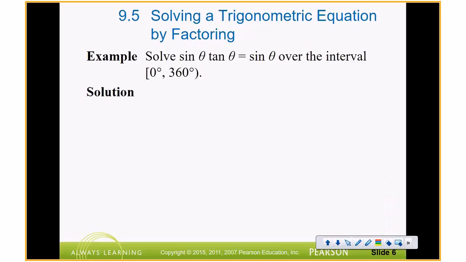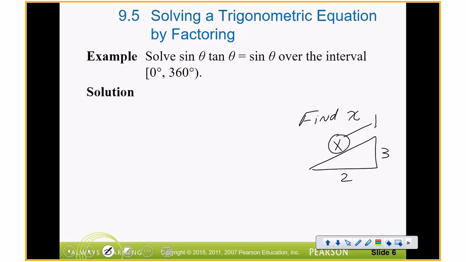Y'all ever seen where the teacher puts find x and they have a 2, 3, x, and the student goes, here it is. What's wrong with this?